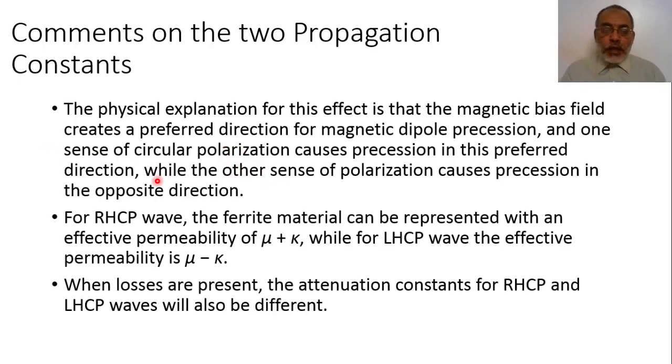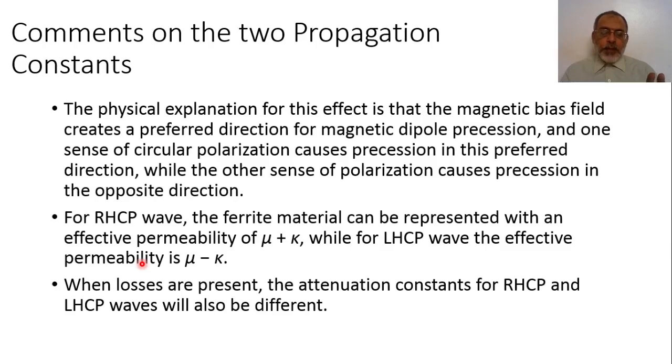And we have already studied this before when we studied different circularly polarized plane waves or different circularly polarized magnetic fields inside the ferrite medium. For a right-hand circularly polarized plane wave, the ferrite material can be represented with an effective permeability mu plus kappa. While for a left-hand circularly polarized plane wave, the effective permeability would be mu minus kappa.